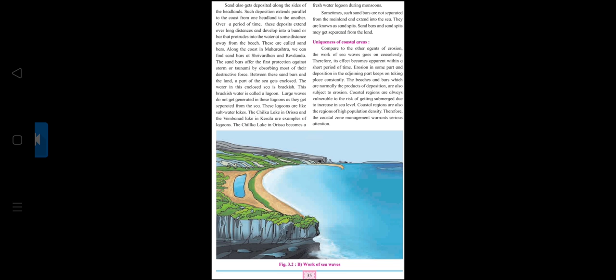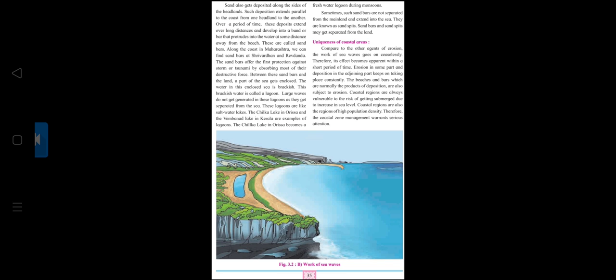That is transportation. Over a period of time, these deposits extend over long distances. So it's extensive over a long distance and develops into a bund or bar. It develops into a bar that protrudes. What does protrudes mean? Protrudes means sticking out into the water at some distance away from the beach.